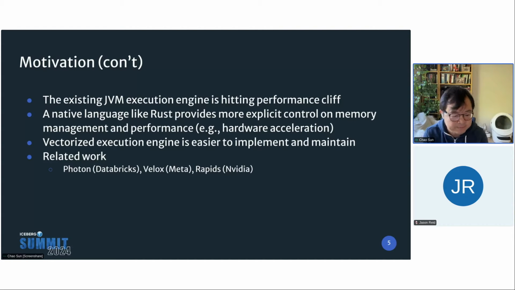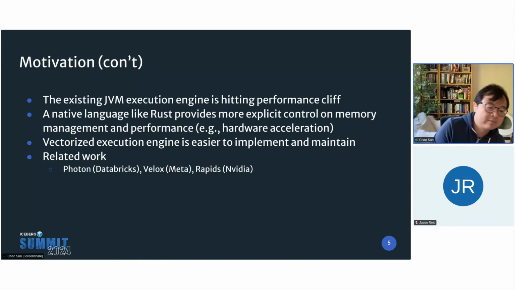Also, Spark currently uses an execution approach called whole stage codegen. In the new native engine, we want to adopt a different method called the vectorized execution engine, which is easier to implement and easier to maintain. We'll talk about that a little later.